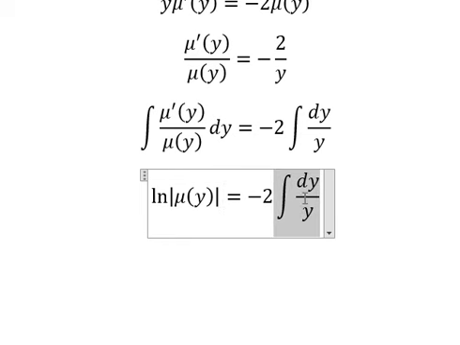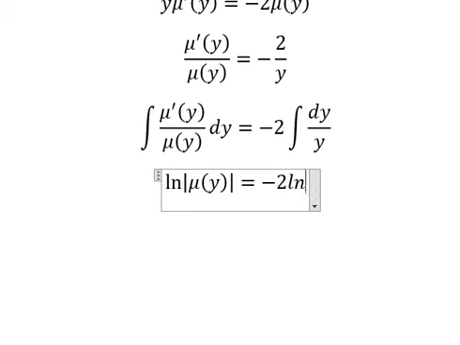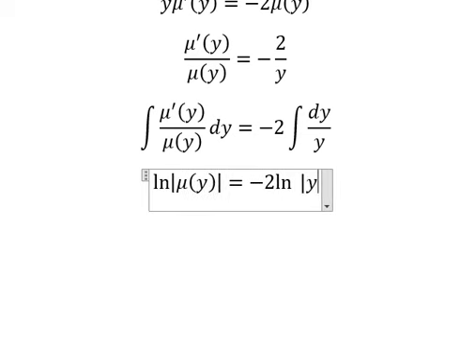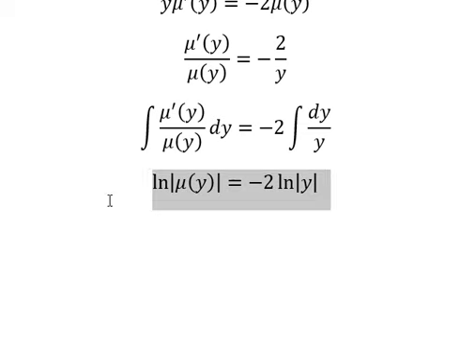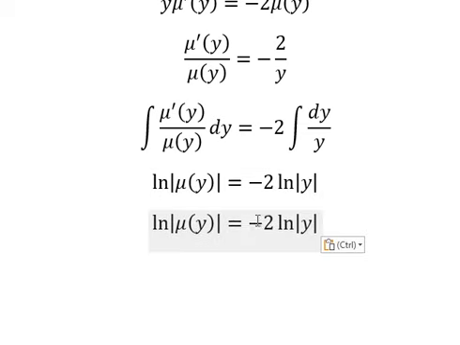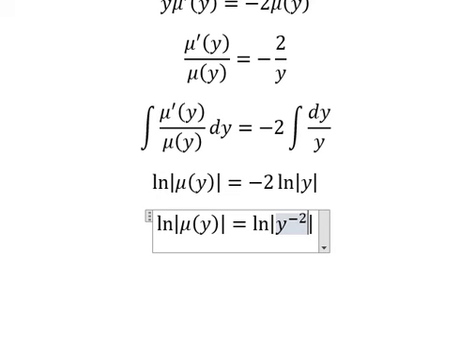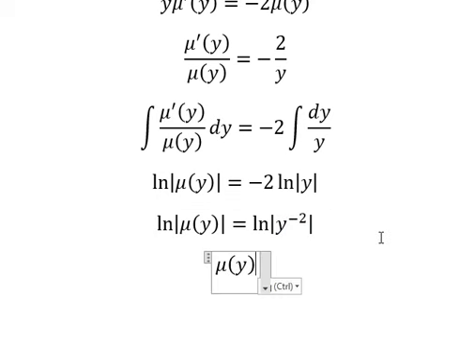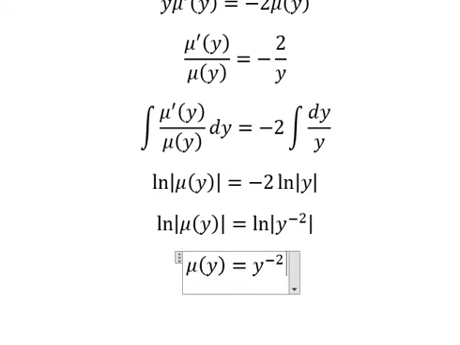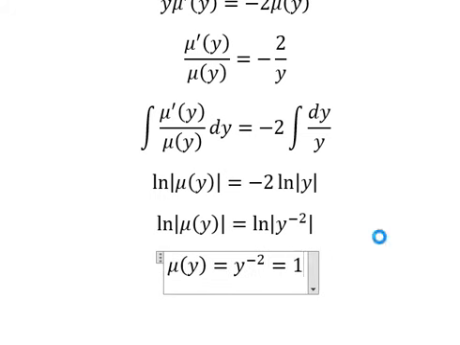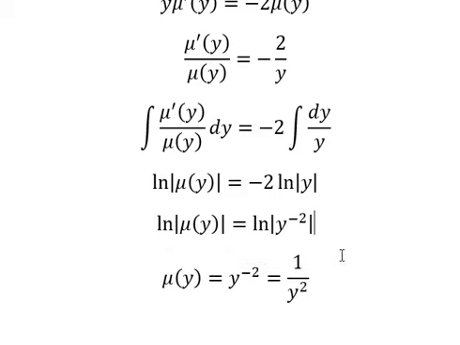The integration of this one, we have ln of the absolute value of y. Next, I will put negative number 2 go inside about natural log in here. And now we have the final answer. So we have mu y equals to y to the power of negative number 2. And we have 1 over y to the power of 2.